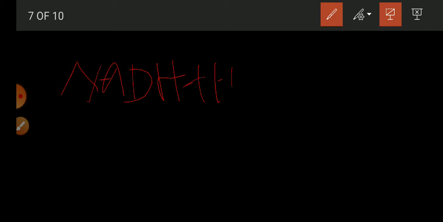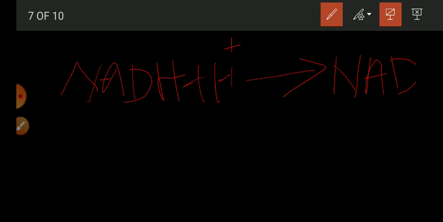So here we can say that NADH plus H+ is oxidized to NAD+, and 2 protons and 2 electrons are removed from it.